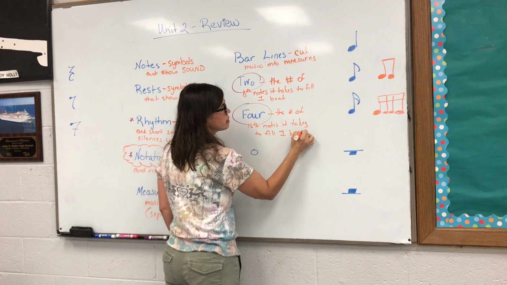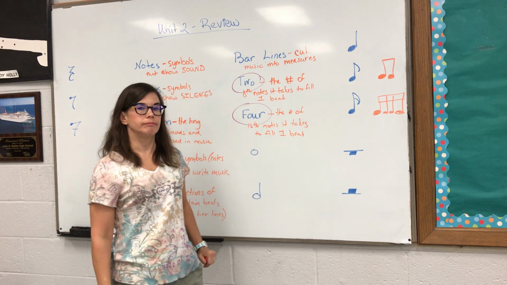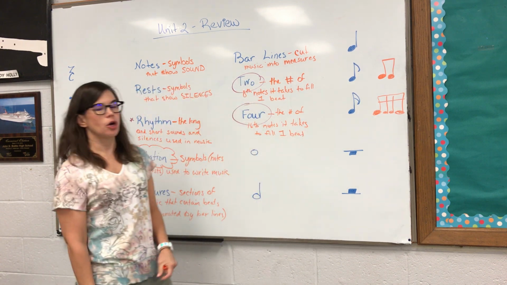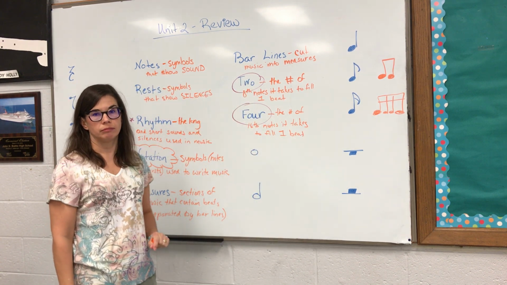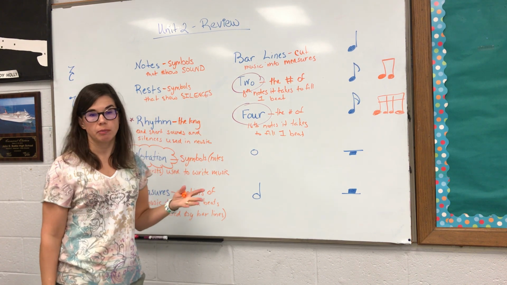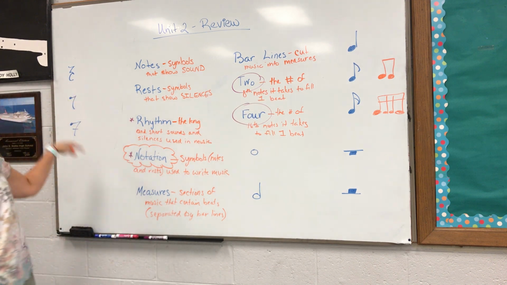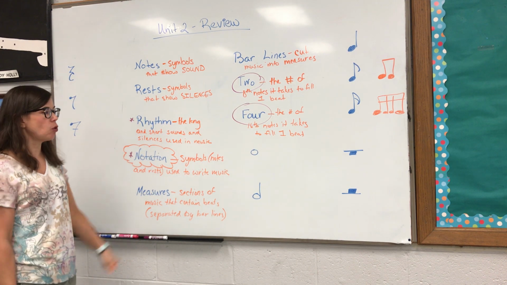Another way to say it is this: 2 eighth notes equal one beat. 4 16th notes equal one beat, okay? So you're going to have these 2 words on your assessment and you're going to have to match them to these definitions, okay? The rest of these are symbols that you just need to know what they are.